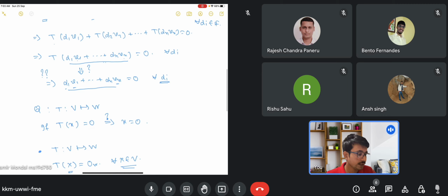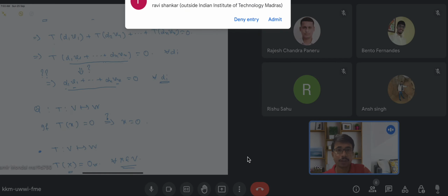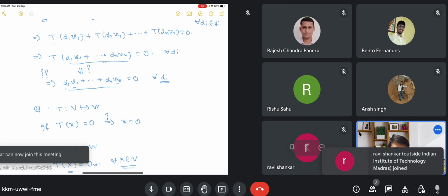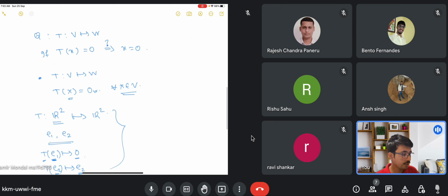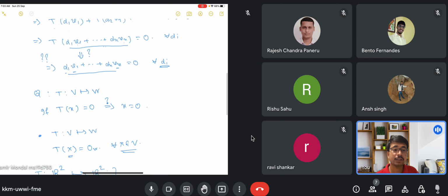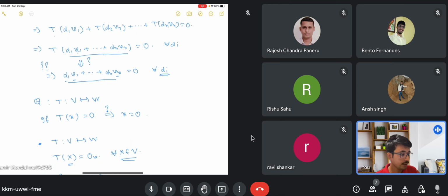So from this equation to this equation, we can't imply. So what extra condition is needed so that this equation will imply this equation? Under what assumptions will this equation imply this equation?